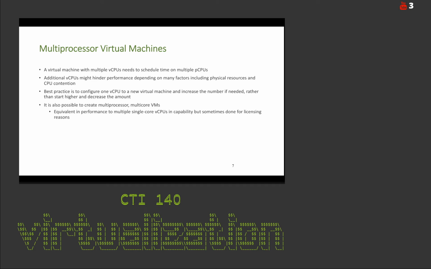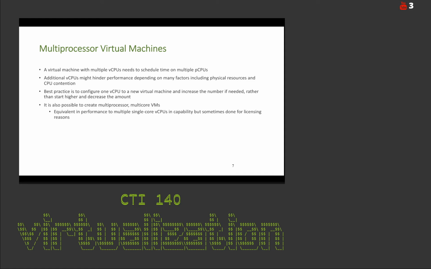What if you want multi-processor virtual machines? A virtual machine with multiple virtual CPUs needs to schedule time on multiple physical CPUs. Additional virtual CPUs might hinder performance depending on several different factors, including physical resources and CPU contention. So you get those CPU constraints causing a bottleneck.